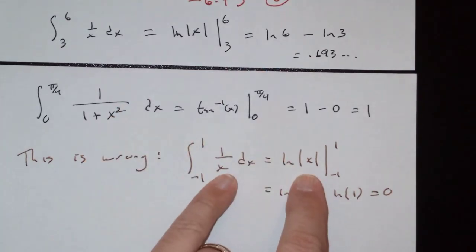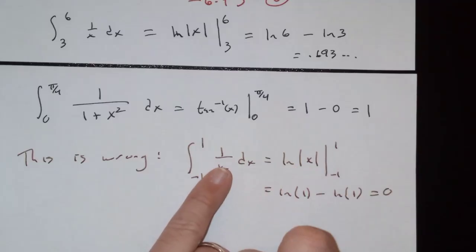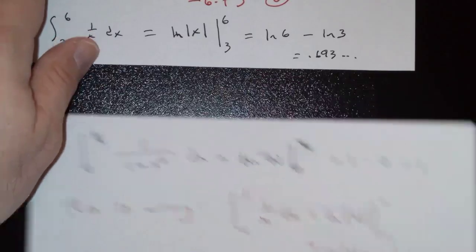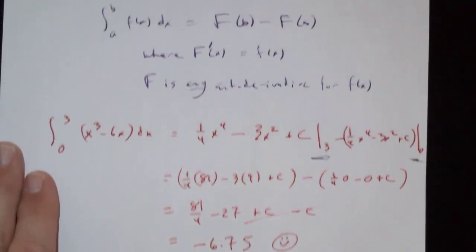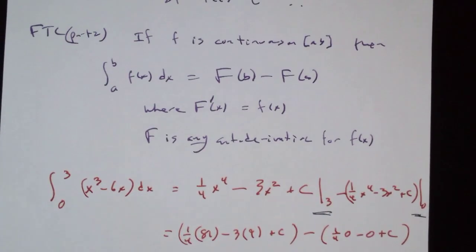It's this step that's wrong. Why is going from here to here wrong? That's what I'm using, right? The fundamental theorem of calculus.